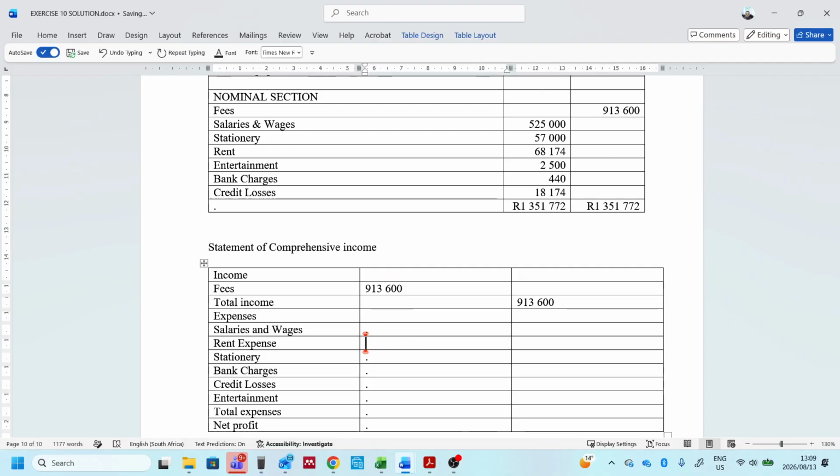So your rent expense, 68,174. Your salaries and wages, 525,000.